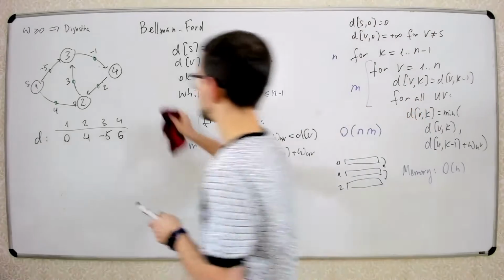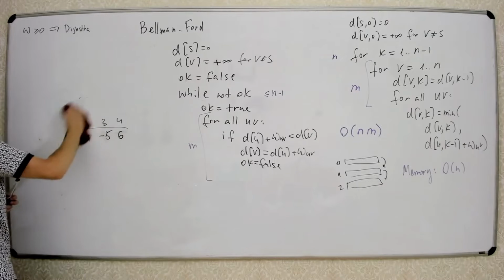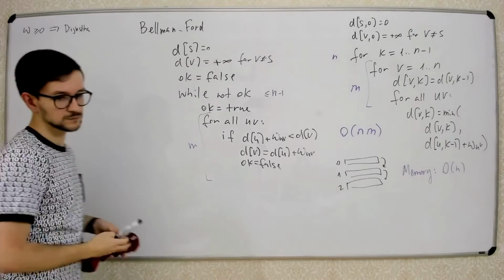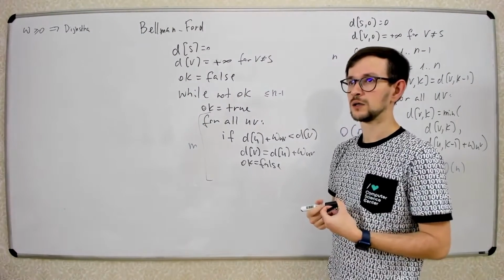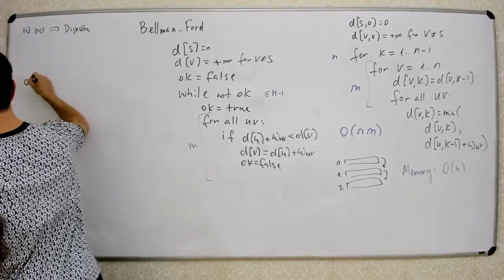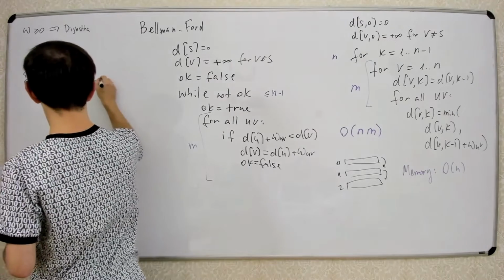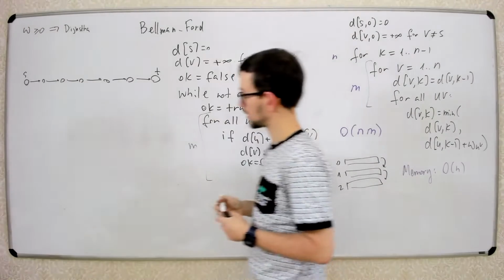Well, let's see. Let's have a simple graph. Let's have a graph like this. So this is S. Like this.